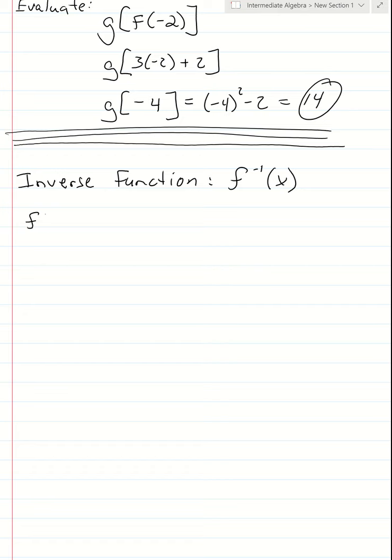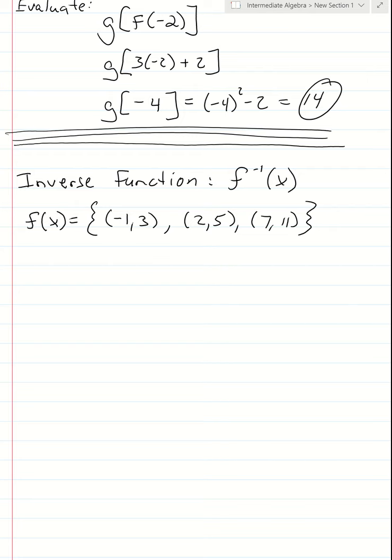So let's say f of x, the function, is equal to our set of ordered pairs, let's say (-1, 3). Let's say then we have (2, 5), and maybe let's say (7, 11). That's the function being represented by this set of ordered pairs.